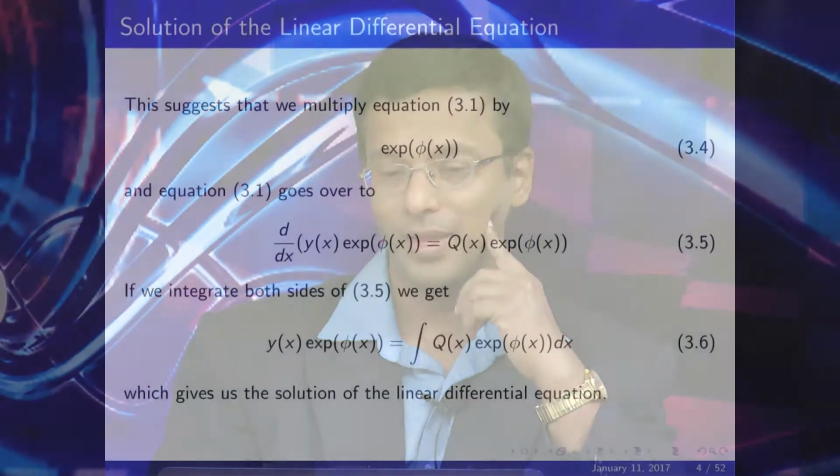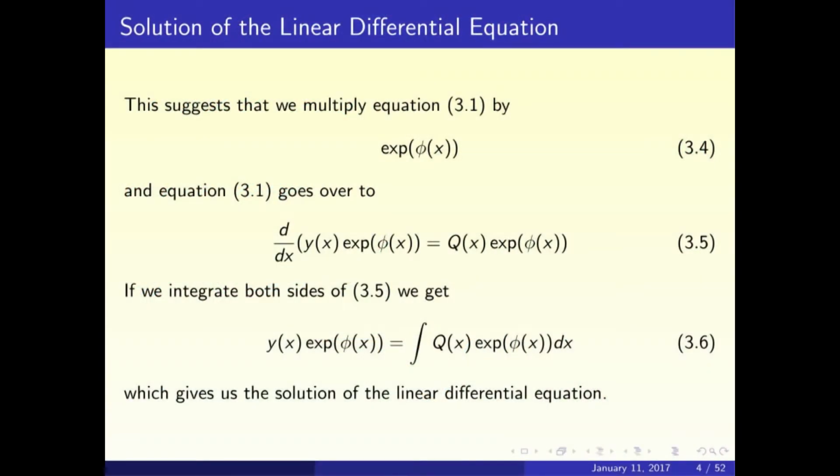So you multiply by e to the power phi(x), you get e to the power phi(x) into (y prime plus py) on the left hand side. But we have just seen that that left hand side will be d/dx of y e to the power phi(x). That's what we have just seen. The left hand side becomes an exact derivative. So you see equation 3.5.